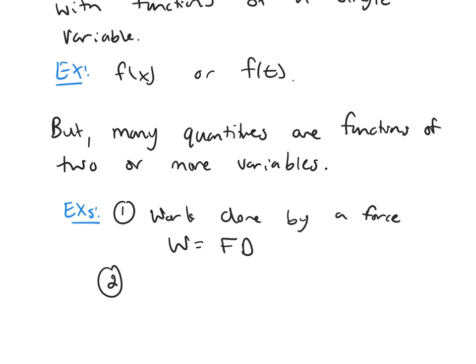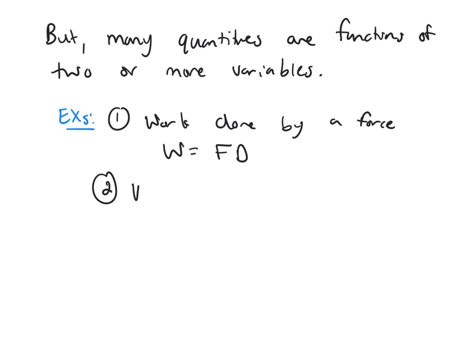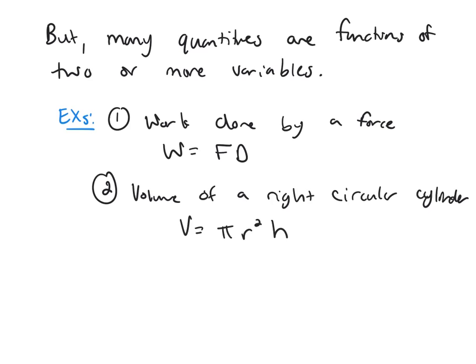The second example, we're going to look at a volume equation. Volume of a right circular cylinder. So the volume is pi r squared h. So the volume depends on the radius of the circle and the height of your cylinder.